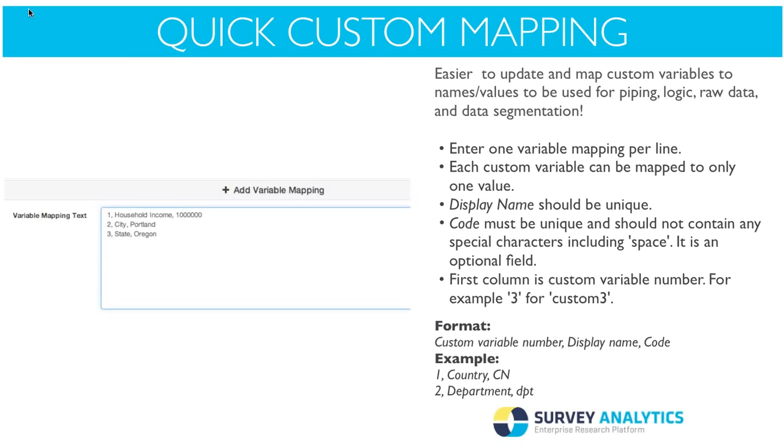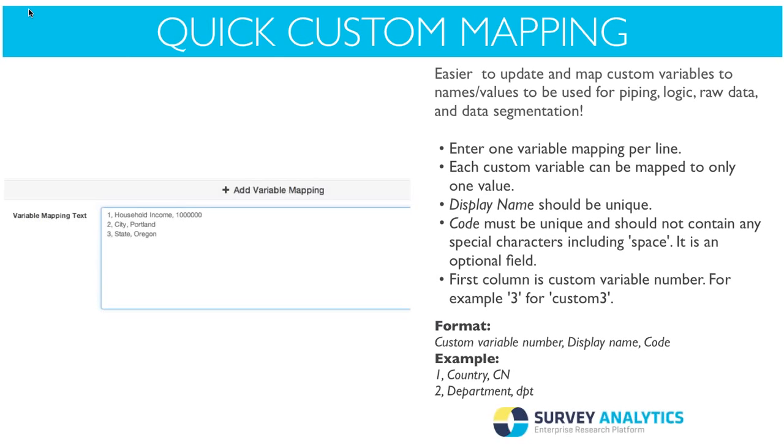So I have variables 1, 2, 3 being shown: household income, city, and state, and then I have some of the codes that are included with that, which the system will pick up from there. We have some examples there, and you just want to make sure it's one per line, and each custom variable can be mapped only to one value, and the display name should be unique.